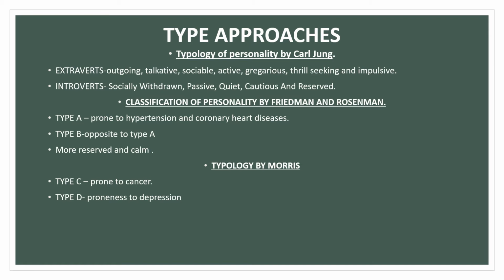According to Jung, everyone has the capacity for both attitudes, but only one becomes dominant in the personality. The dominant attitude then tends to direct the person's behavior and consciousness.